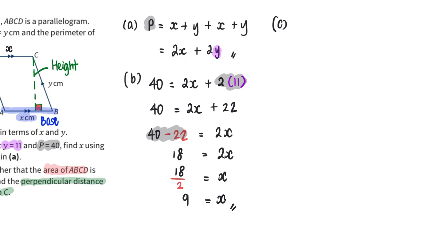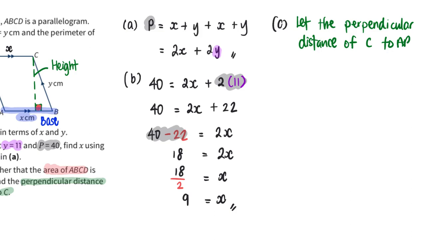Or I'm going to let the perpendicular distance of C to AB be letter H. So H multiplied by my base x, and I know x is 9, equals to 72.